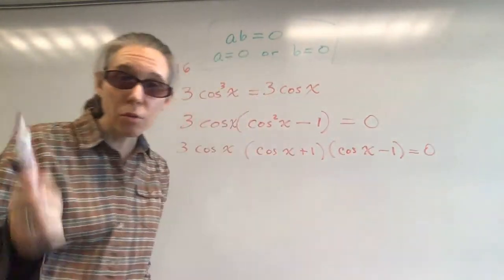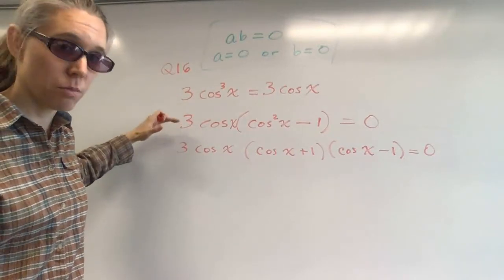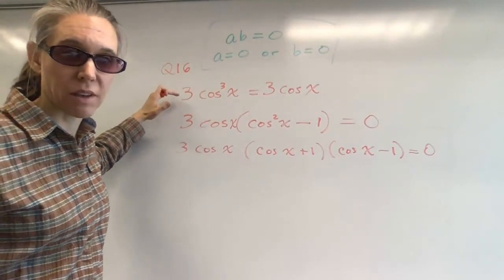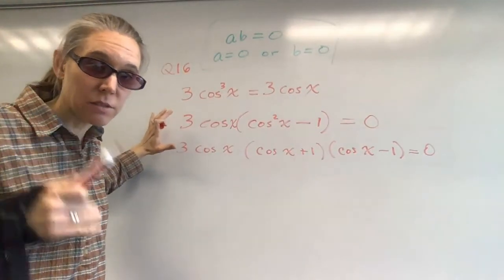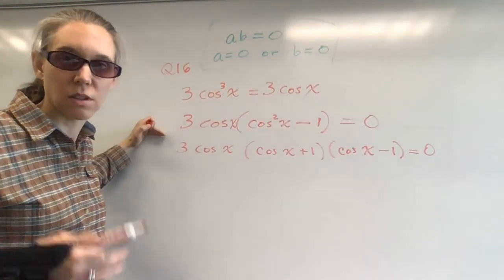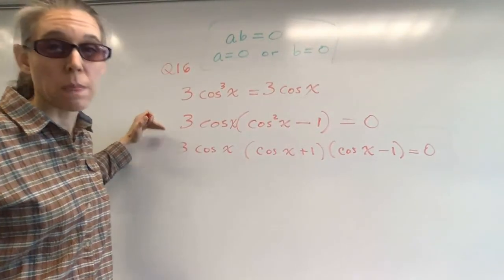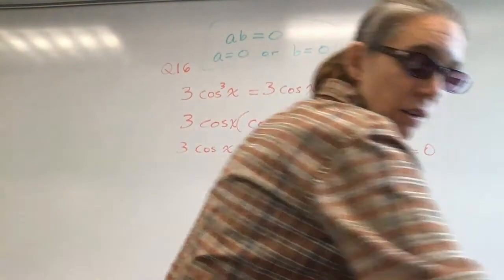Now, if this were a proof, I would not dare to skip this step in between, but we're not doing a proof. We're just doing some basic algebra solving, so you don't have to be nitpicky about every single line. To go from here to here is not too much of a leap for a student who's gone through college algebra. Okay, so now I'm going to use the zero factor property on each of these factors.